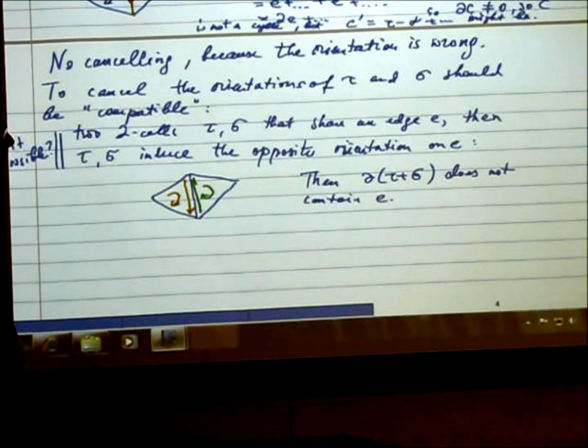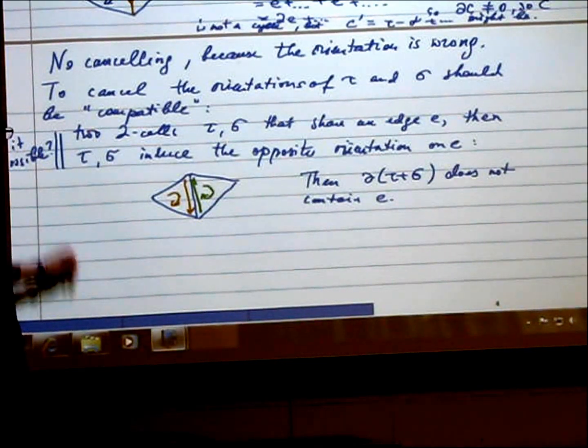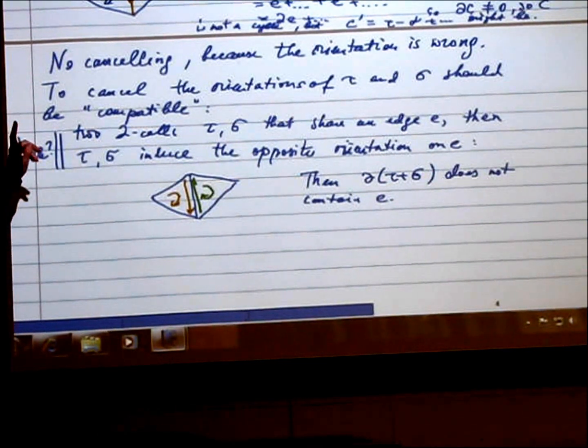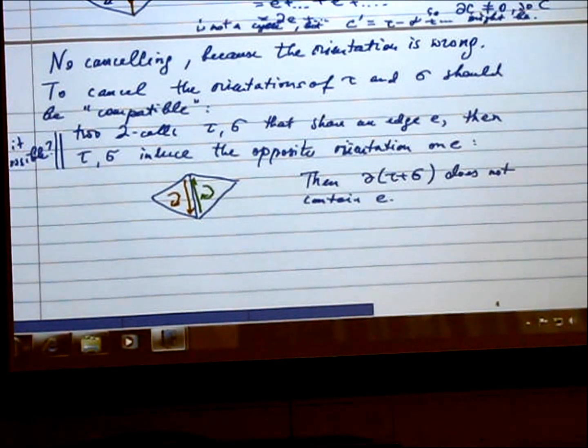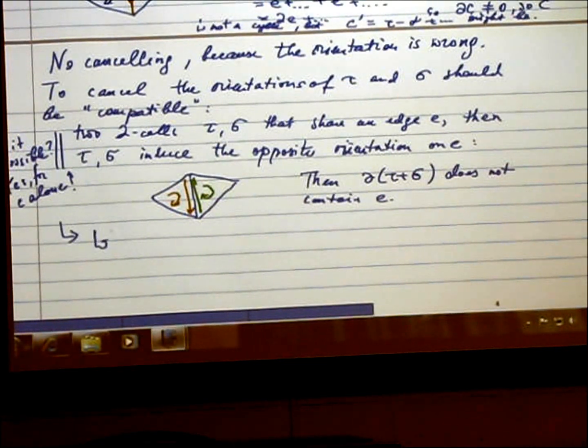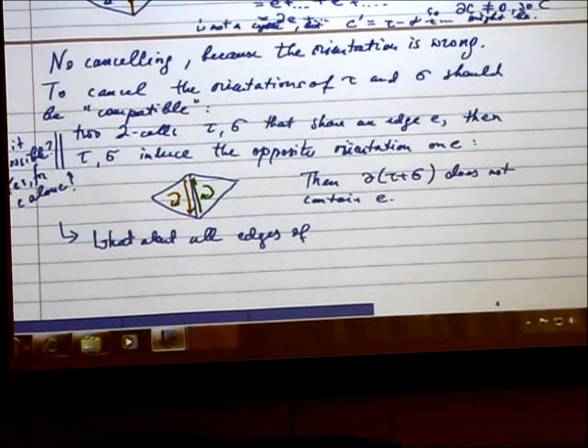Tau plus sigma does not contain E, right? So this is certainly possible if you look at one edge at a time. But is it possible to carry out throughout? The answer is yes for E alone. But what about all edges of M?